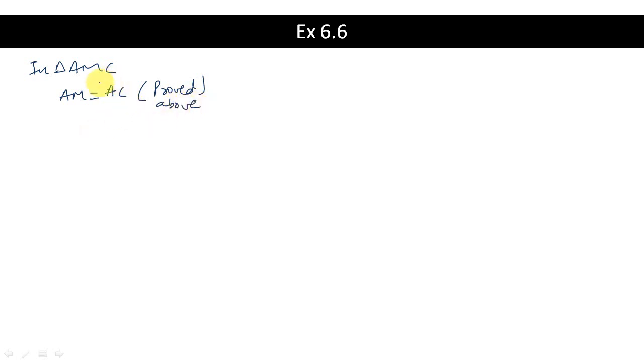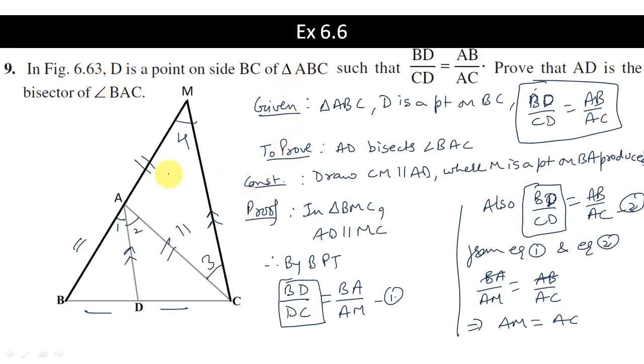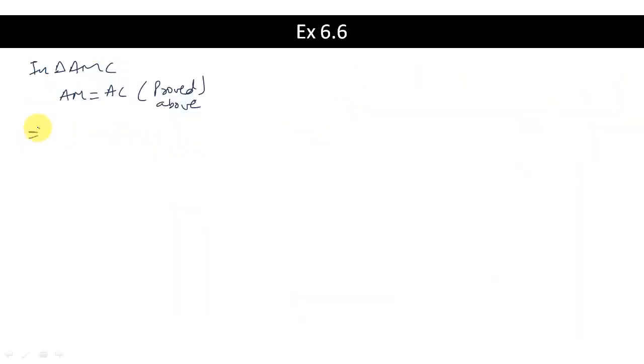So in a triangle, if two sides are equal, then the opposite angles will be equal. The angle opposite to AM, which is angle number 3, and the angle opposite to AC, which is angle number 4, will be equal. So angle 3 is equal to angle 4.